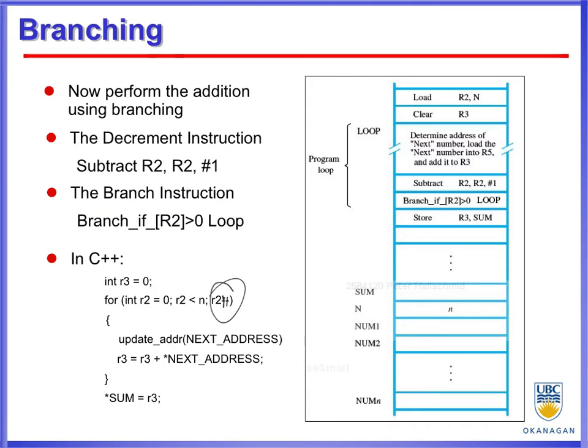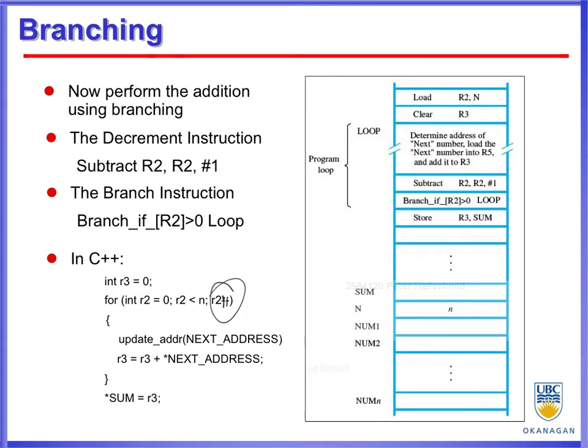So if a particular instruction results in a value of 0, no matter what that instruction's doing, then the next instruction can be a branch instruction that looks at that condition code, which is a bit in a certain register in the CPU. If it's a 0 or a 1, it tells it whether the result was a 0, which is then how it will decide whether to branch or not. Yeah. We'll look at that in a little bit.